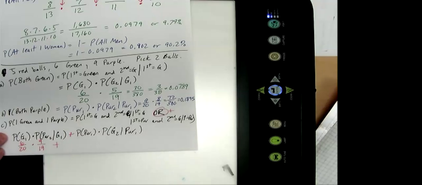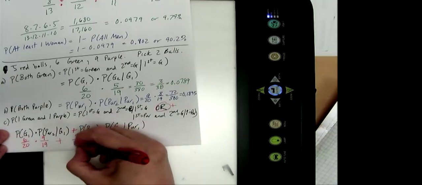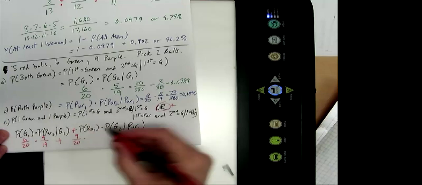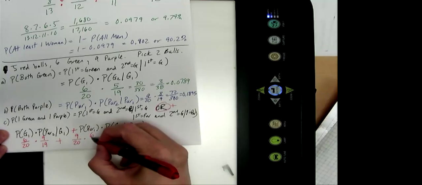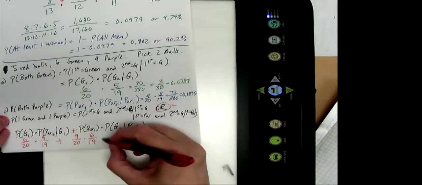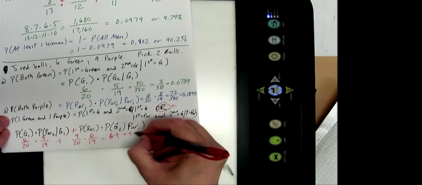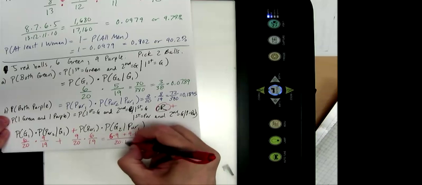Then we have plus. Now start back over, all the balls are in the bag. The first one is purple, is 9 out of 20. The second one is green, there's 6 green balls out of 19 balls. You put this together, you have 6 times 9 plus 9 times 6 over 20 times 19.